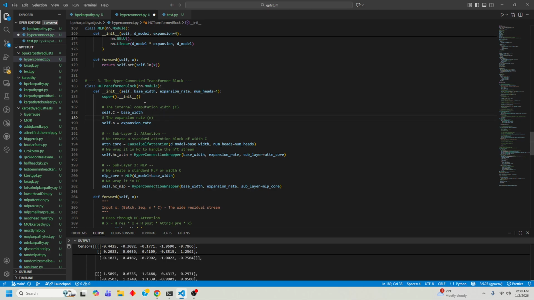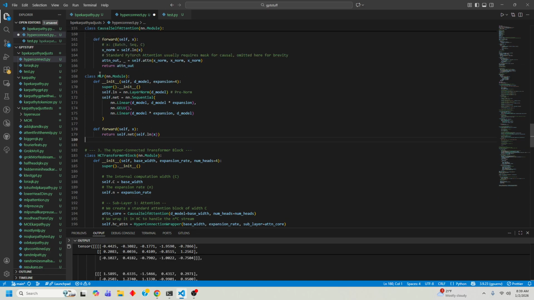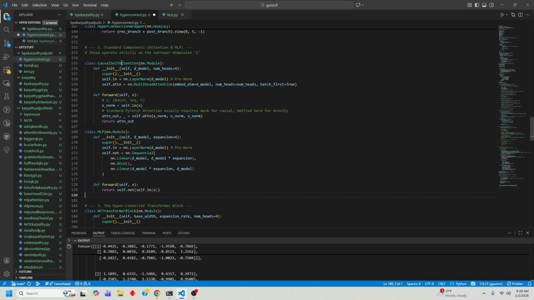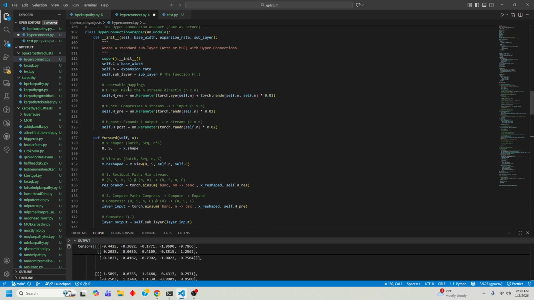I got rid of the head class, from the head to the block, because we're replacing the block and everything from block down.